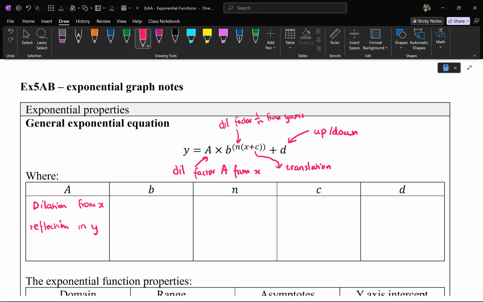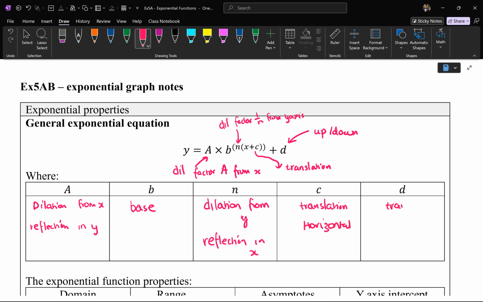B is just the base. N is your dilation from Y, but reflection in X. C is to move left or right, so you can say translation, horizontal.